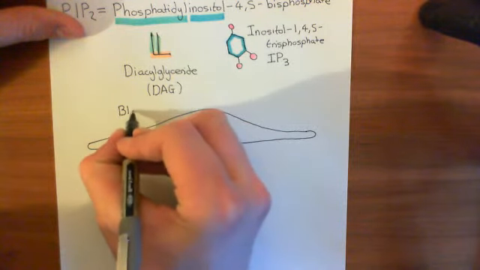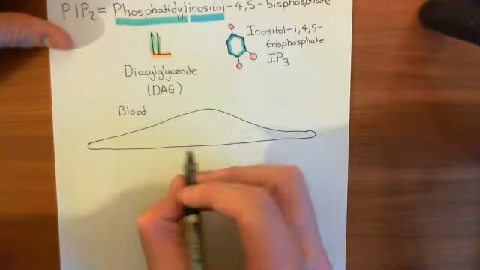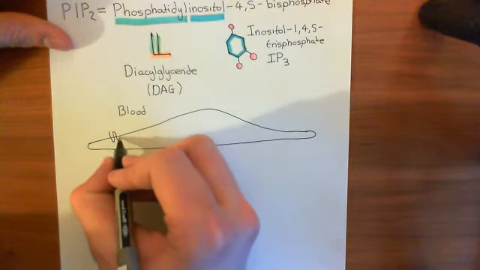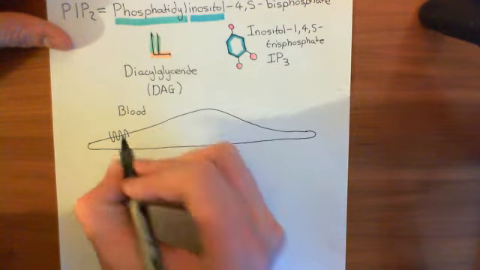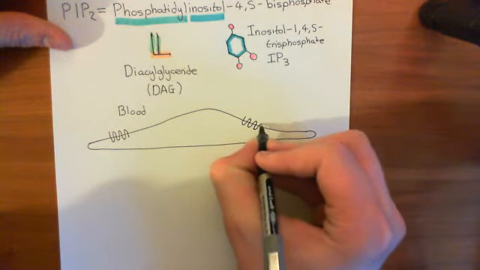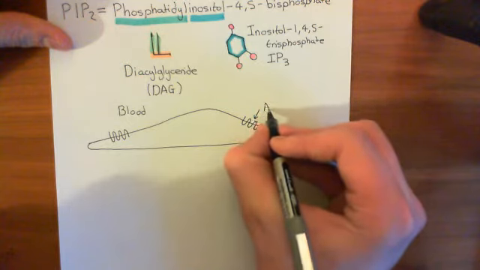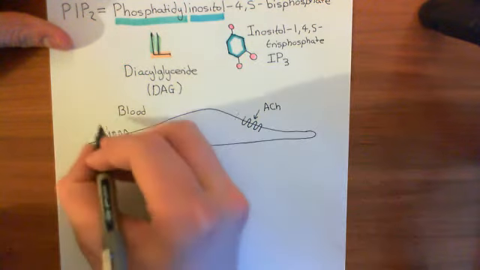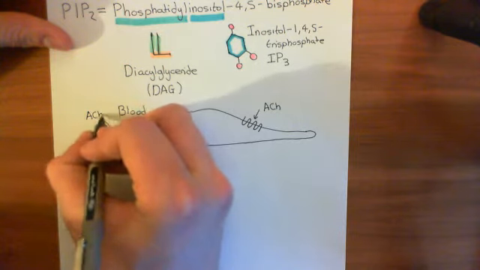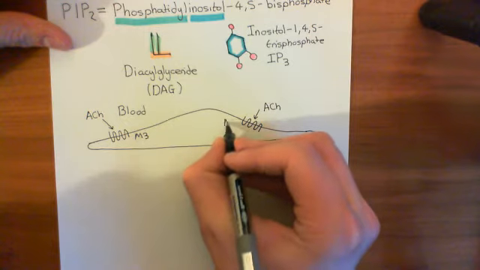Now, if I've given you an intravenous dose of acetylcholine, then all of your M3 receptors will be being activated by acetylcholine. So all over the cell surface, you are going to get the activation of these M3 receptors by acetylcholine, which I'll just denote as ACH. So over here as well, you're going to get acetylcholine binding and activating these M3 receptors here.